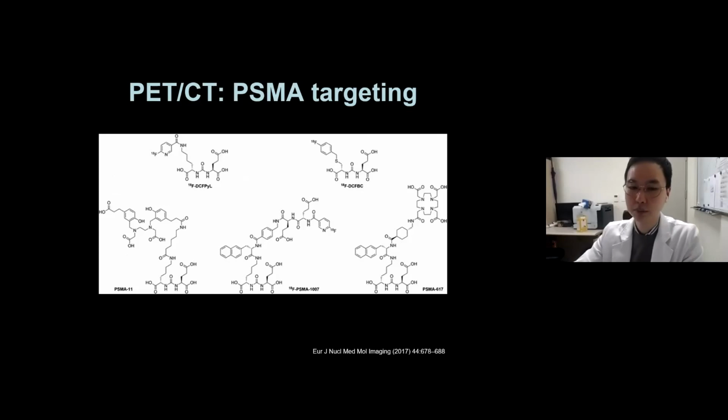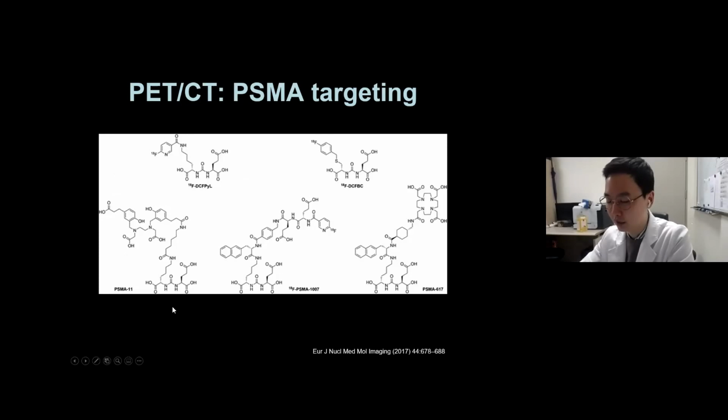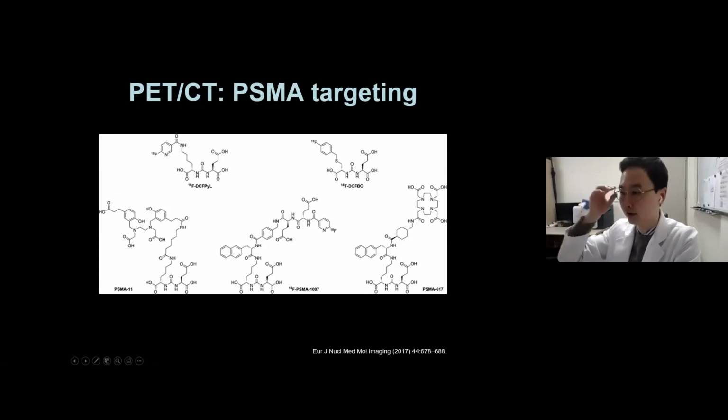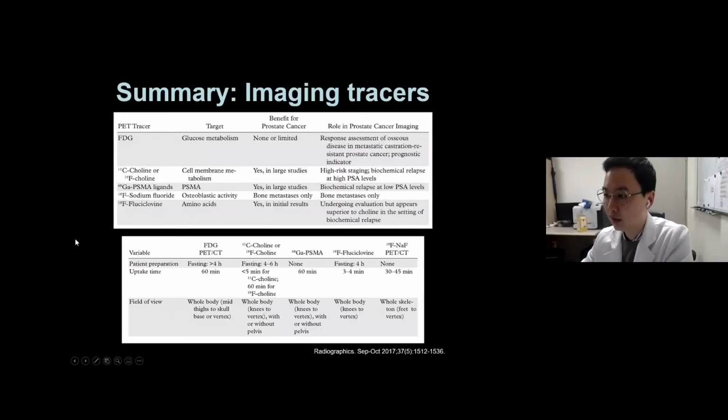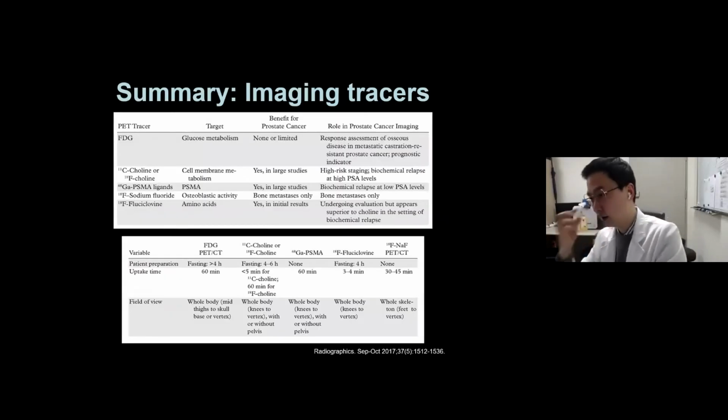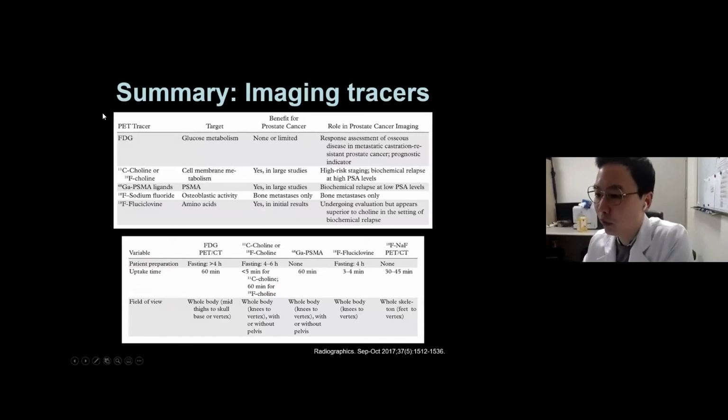Okay, so these are some various PSMA agents, and these might follow PSMA 11. These other tracers might be introduced to the market, and PSMA 617 is actually a ligand that is widely used for lutetium labeling and for therapeutic use. There are many other tracers now available for imaging prostate cancer, which are FDG, choline, PSMA, sodium fluoride, or fluciclovine.